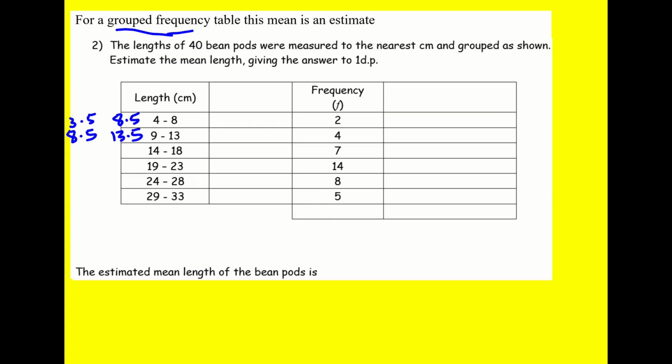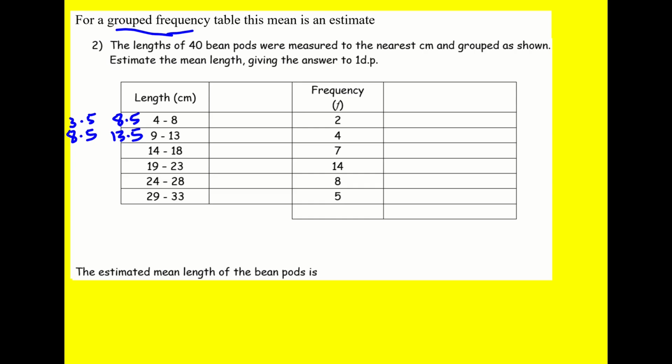Now, what we do for grouped frequency is we say, I've got 2 numbers in the group 4 to 8, actually 3.5 to 8.5. Well, I don't know if they're both really low, so they're going to round to 3.5, or maybe they're evenly spread throughout the group, maybe they're like 5 and 7, or maybe they're both at the higher end.